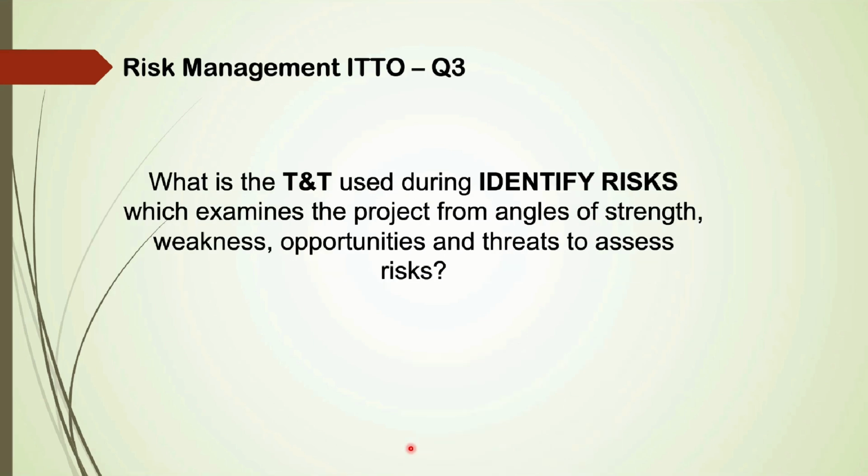Question number 3. What is the tool and technique used during the process identify risks which examines the project from angles of strength, weakness, opportunities and threats to assess risks?